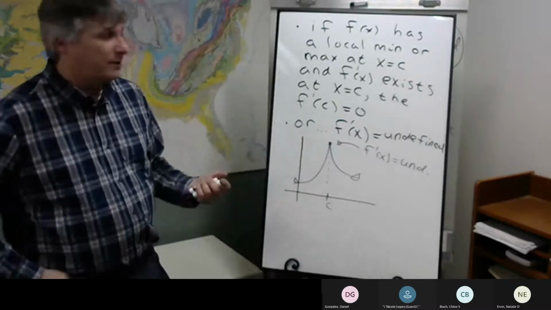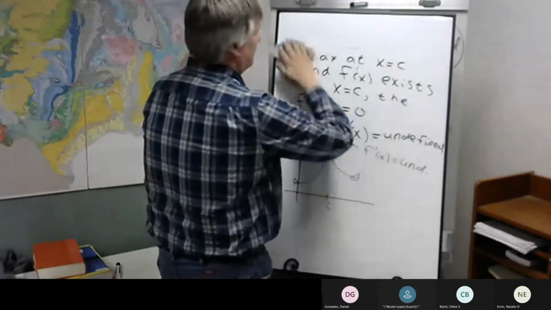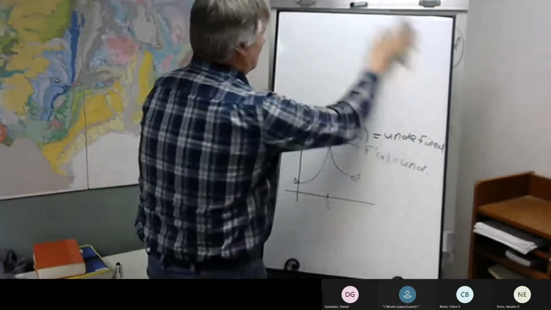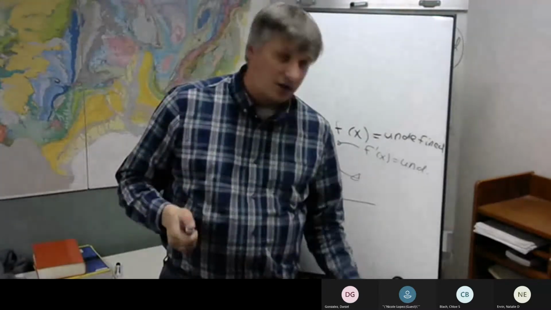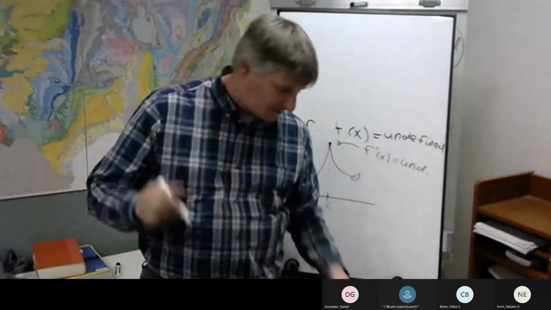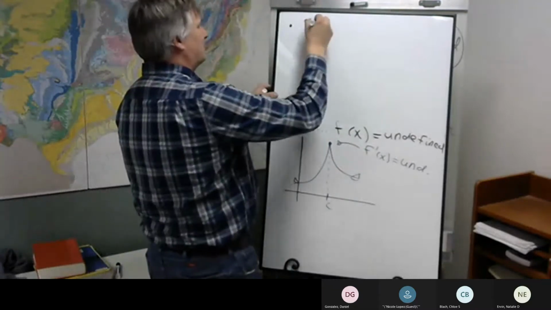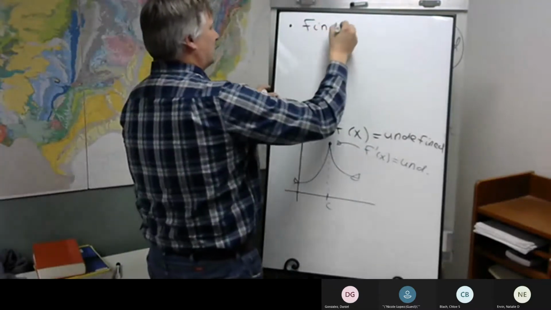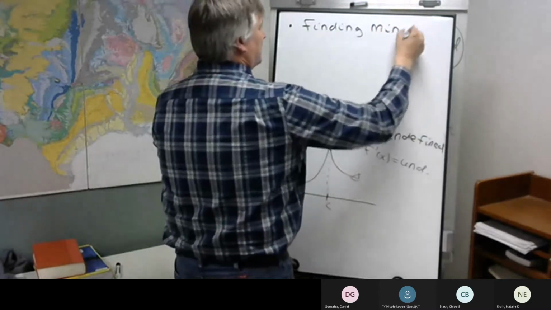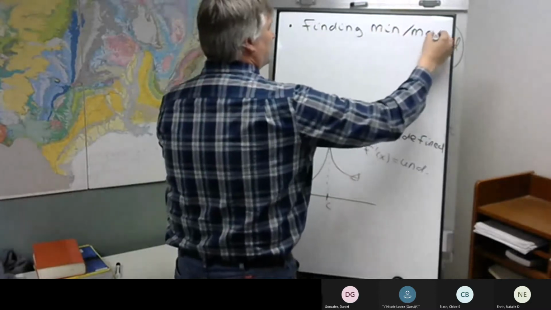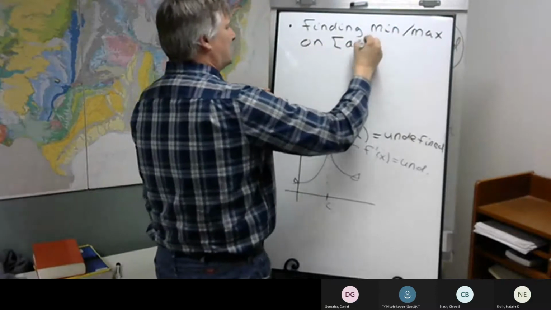So to summarize what this is doing, what we're going to be mostly doing is focusing on closed intervals. And so this is how we're going to do that. We're finding minimums and maximums on the closed interval AB.